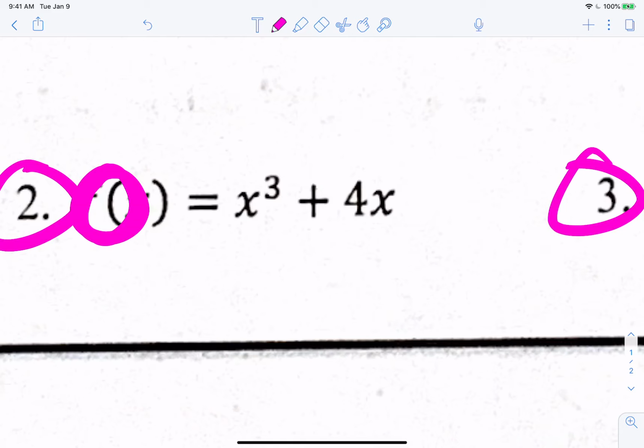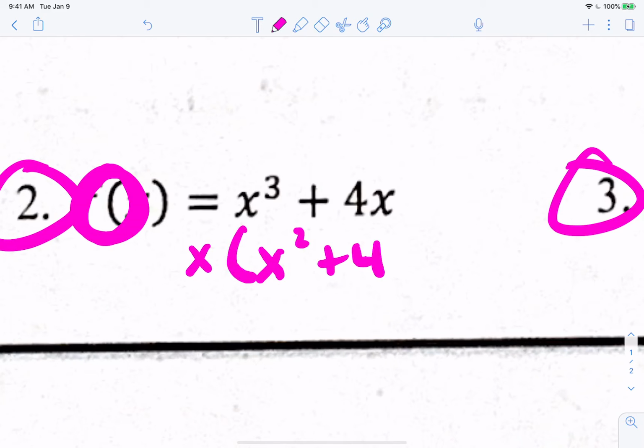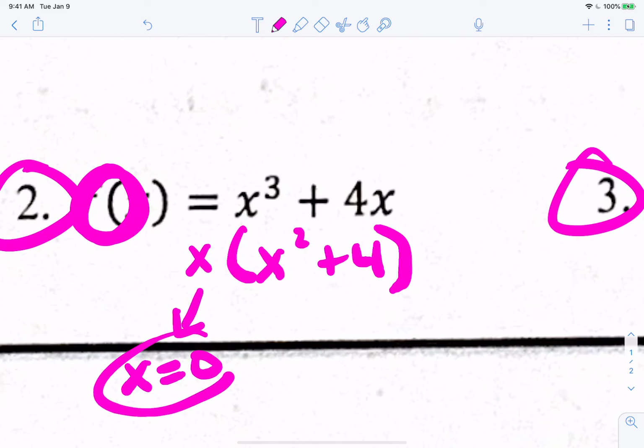Take out an x. We're left with x squared plus 4. Is x squared plus 4 a difference of squares? Why not? It's not a difference, it's not subtraction, so we can't do that. But we can just set each piece equal to 0. If I set this one equal to 0, I just have x equals 0.